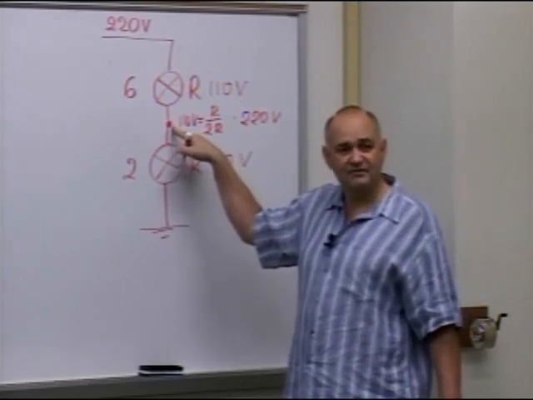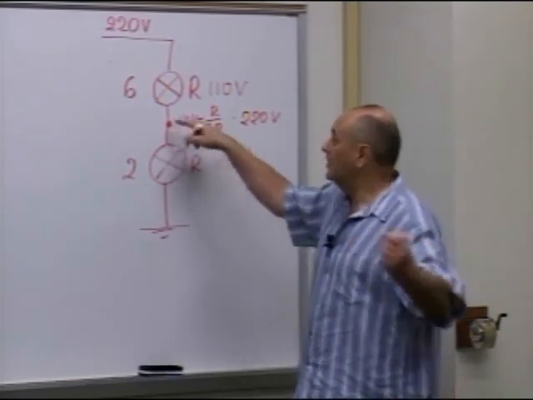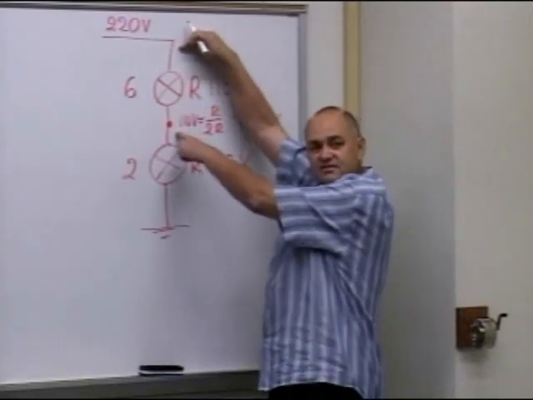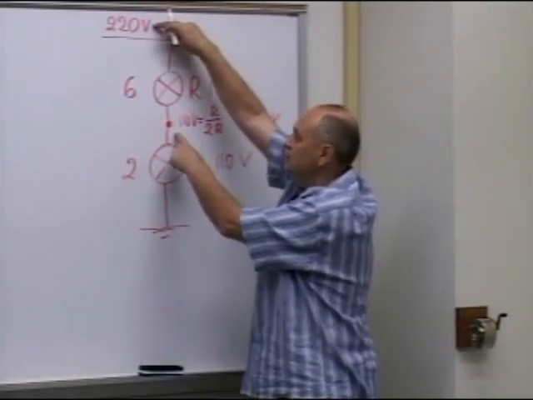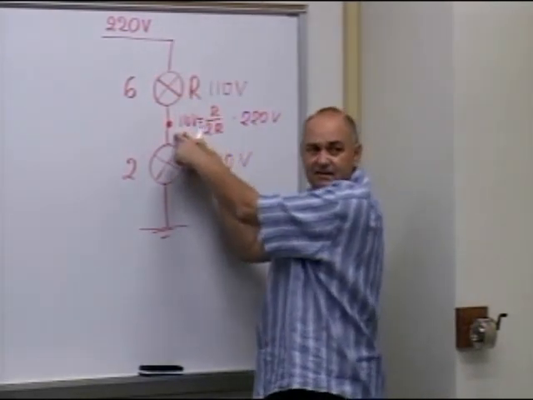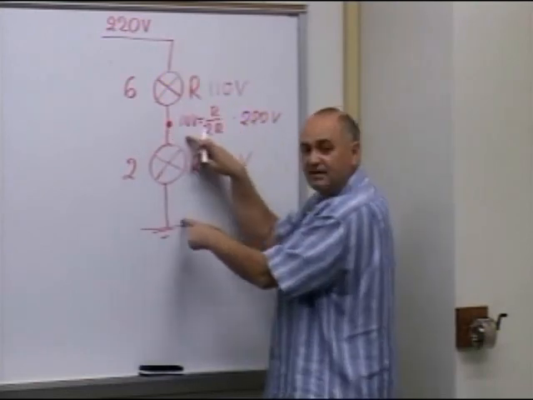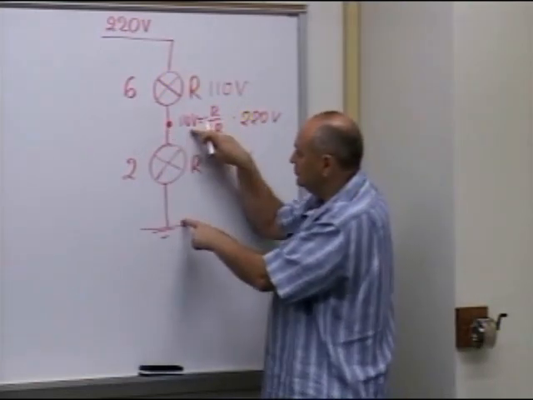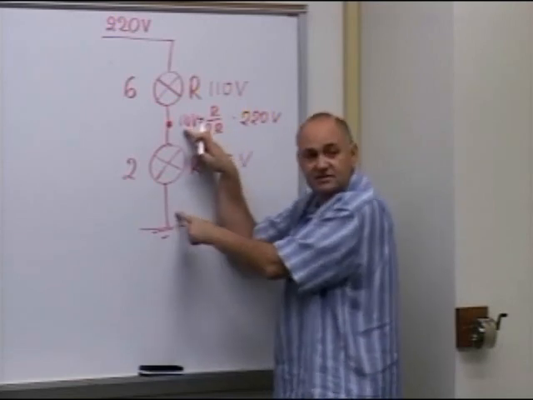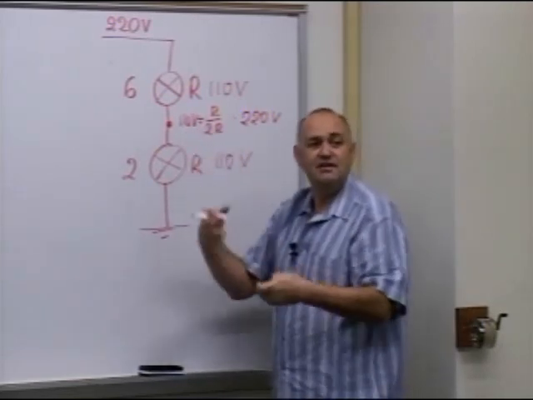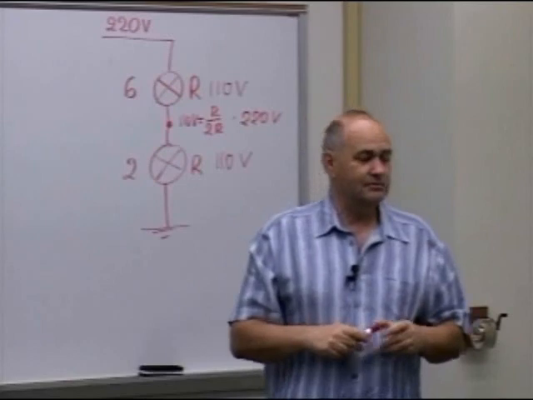Now, what is potential difference across this light bulb? 220 minus 110, which is 110. What's potential across this light bulb? 110 minus 0. It's still 110. So it is going to work.